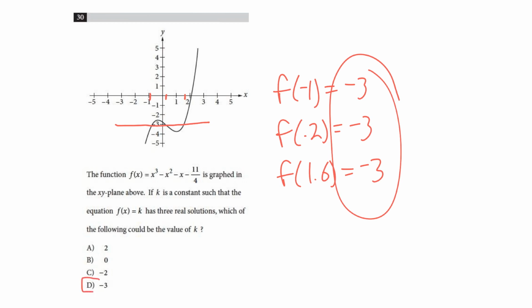We see that when the output is 2, there's just one solution. When the output is 0, there's just one solution. And when the output is -2, there's just one solution. So D is our answer.